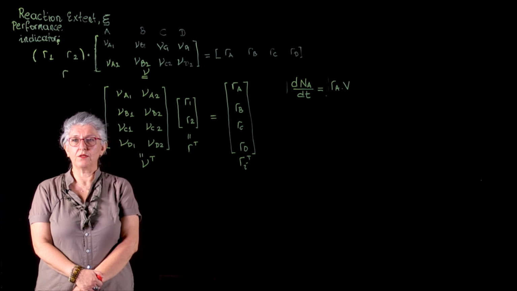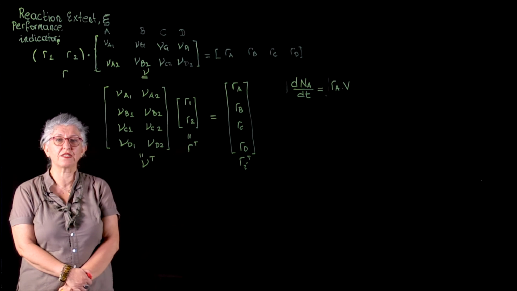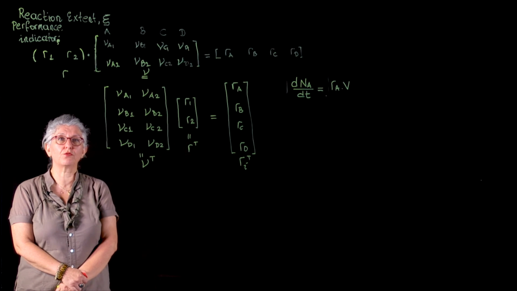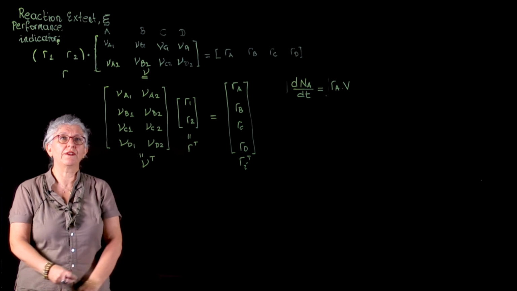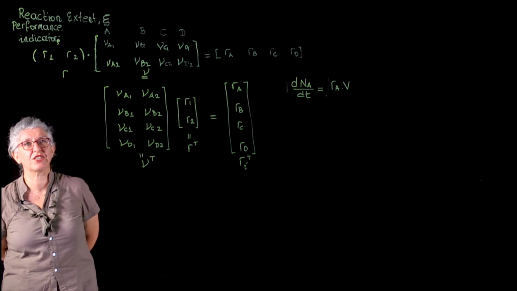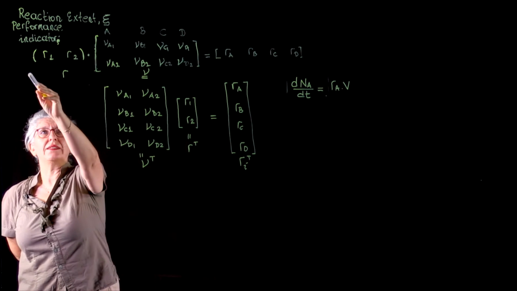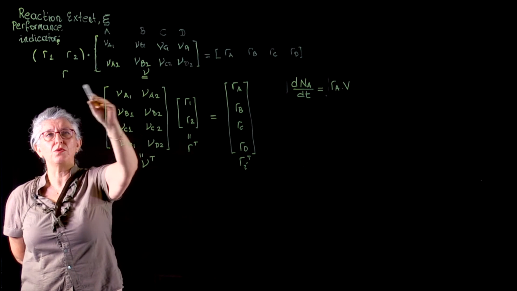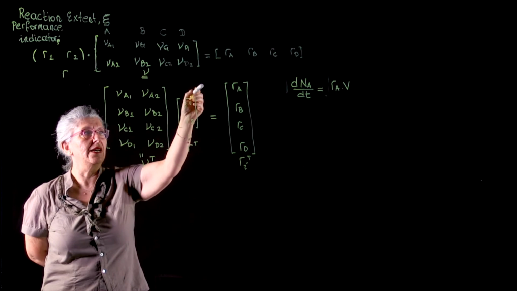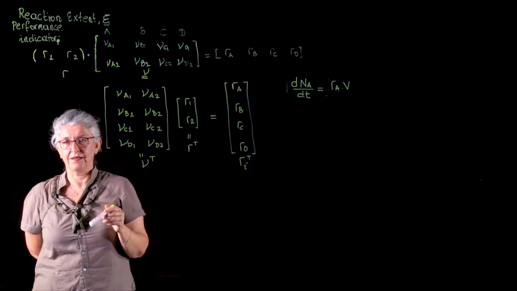In this video, we are going to learn or remember the concept of reaction extent. It is a performance indicator, but it is going to be used instead of the familiar concept of conversion. So we have more than one reaction, R1 and R2. In the top row, I wrote the reaction rates, the stoichiometry matrix, and reaction rates for individual components as we have written already.